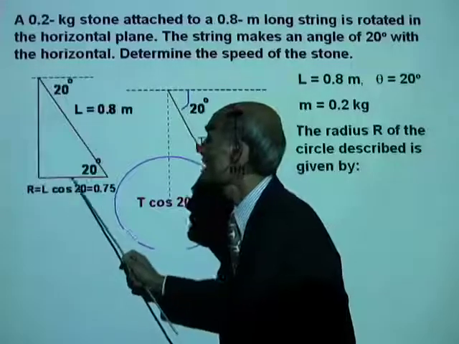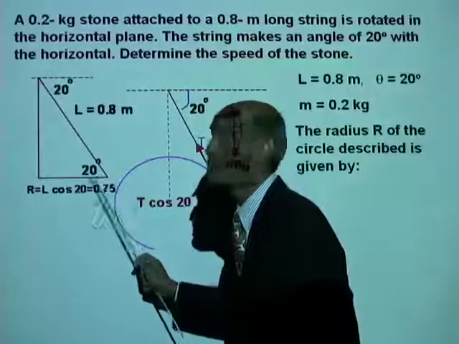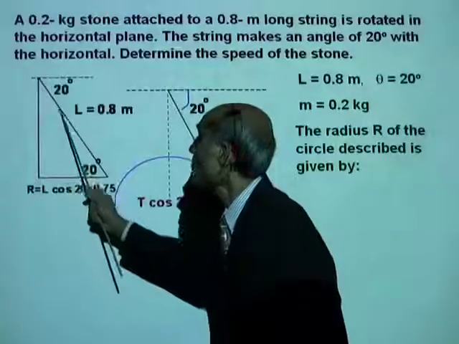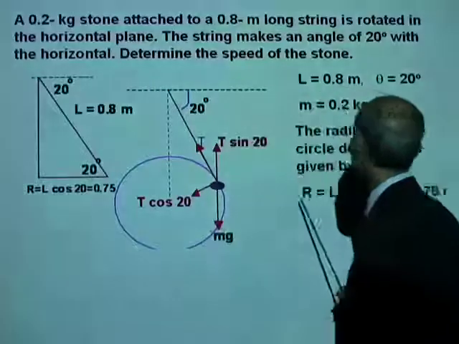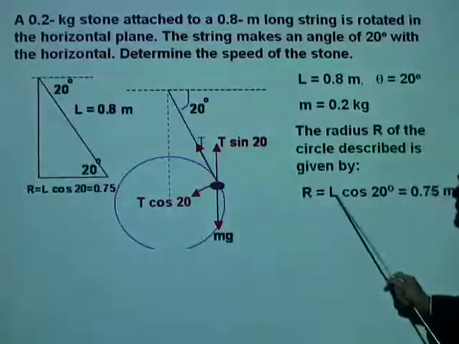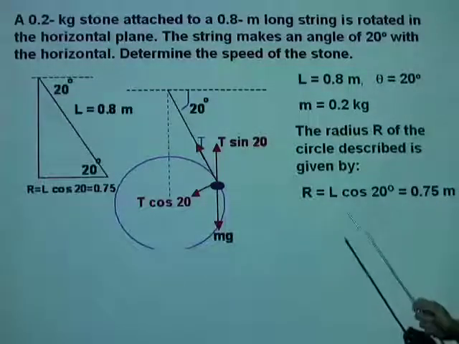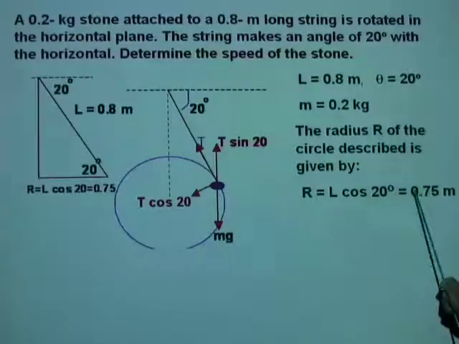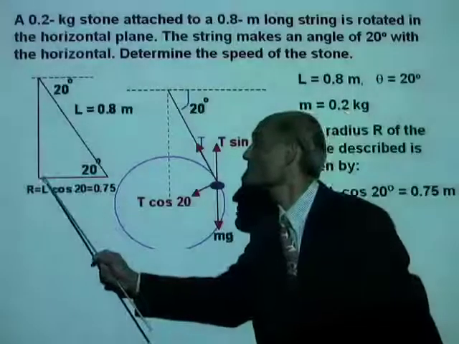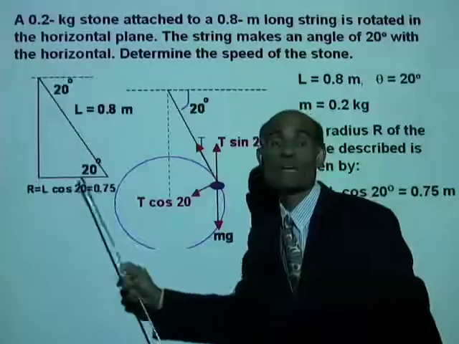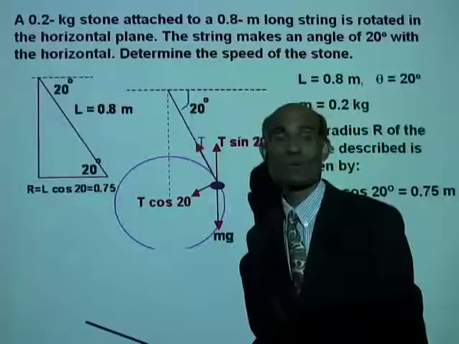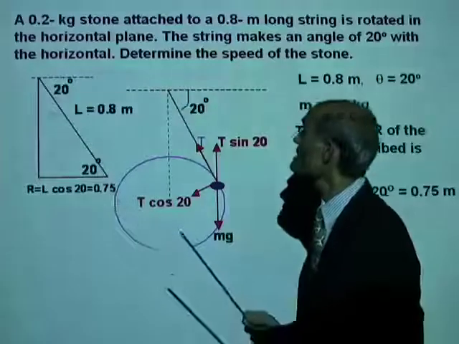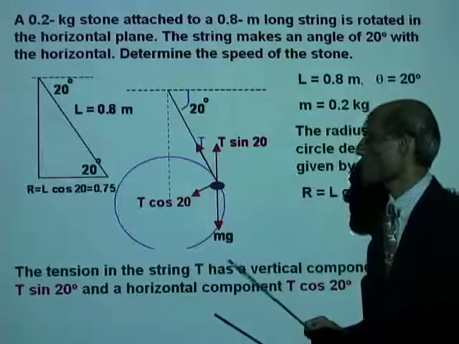Therefore, this adjacent side, which is the radius, equals the hypotenuse times cos 20 degrees. So we can write r equals L cos 20 degrees, and that is 0.75 meter. The radius of the horizontal circle is 0.75 meter.